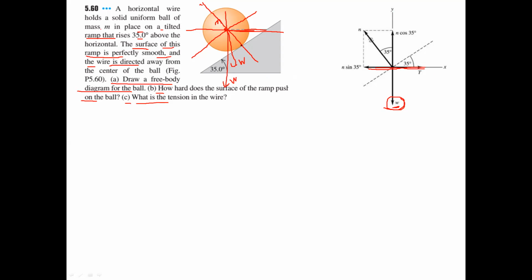Also, normal force. I will show again. This is the x direction or horizontal direction. This will be the y direction.